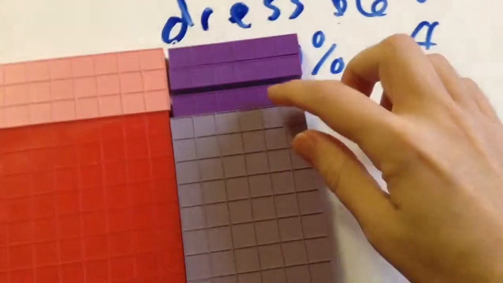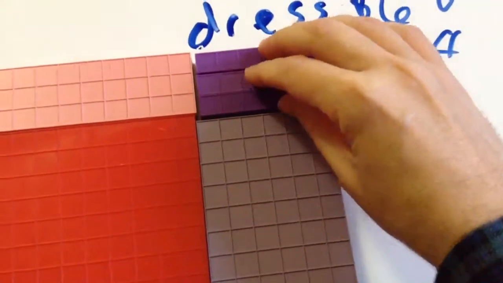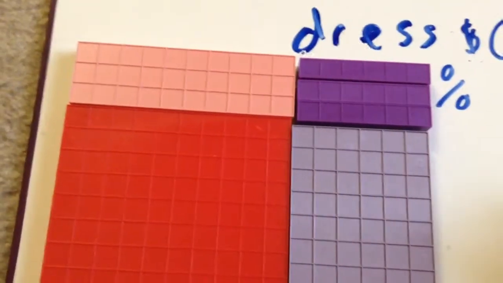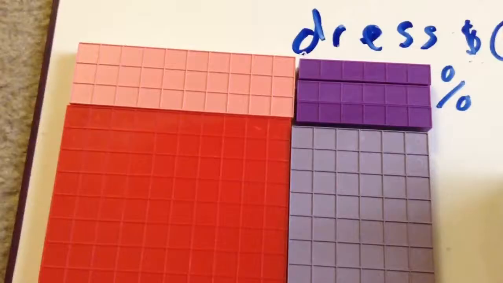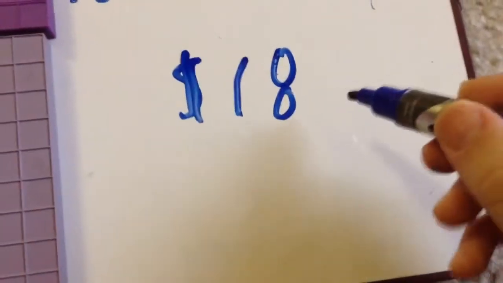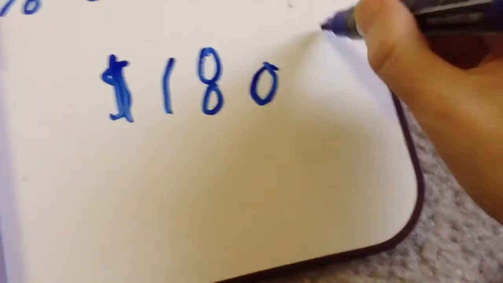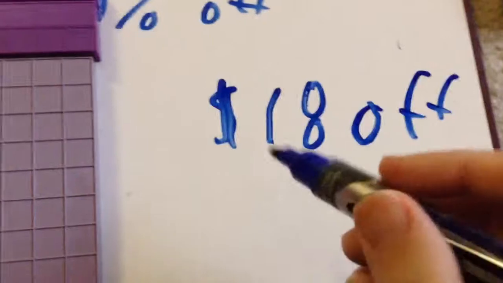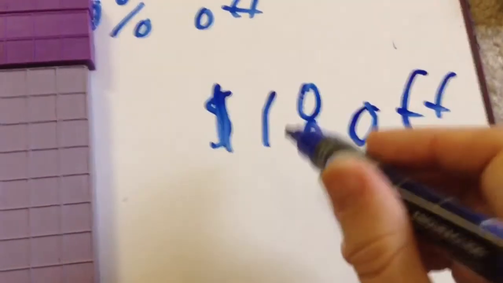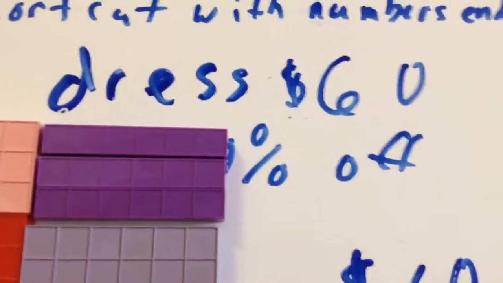If we multiply 3 times 6, we have 3 6s, we get 18. So we're going to take $18 off the dress. Okay, $18 is the amount we're going to take off. All right, that's not going to be the cost of the dress, right? That's how much we're going to take off the $60 price.